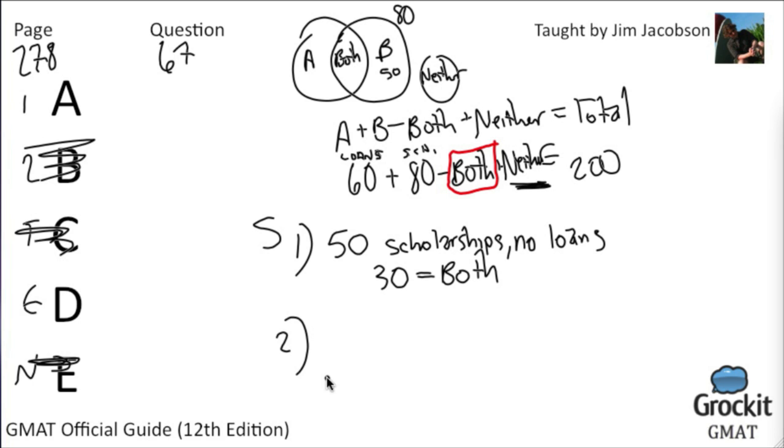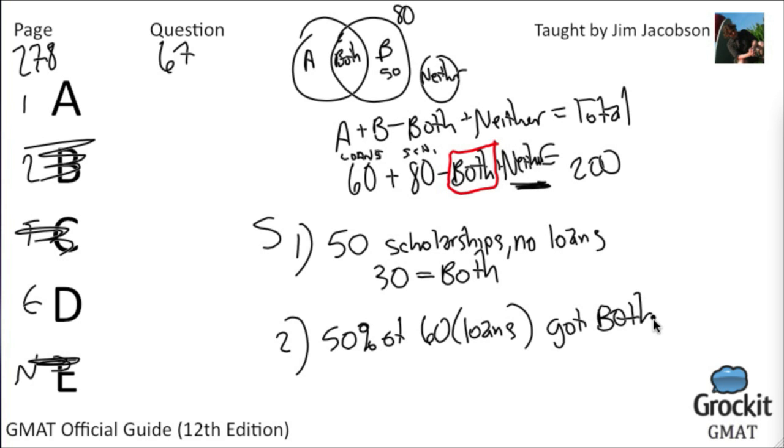Statement 2: 50% of those surveyed who said that they had received loans also said that they had received scholarships. So 50% of those who said that they had loans, so 50% of 60, which is the loan number, got both, which is another way of getting at our both number. 50% of 60 is 30.